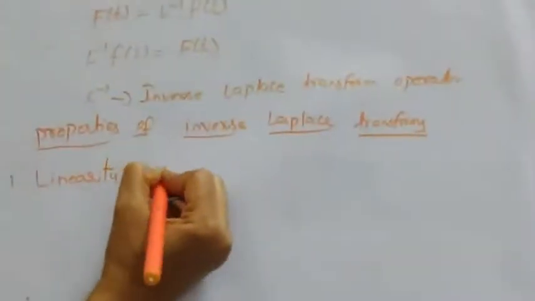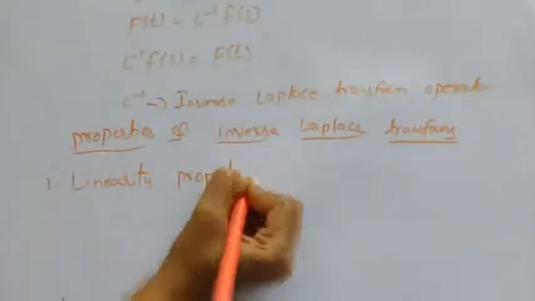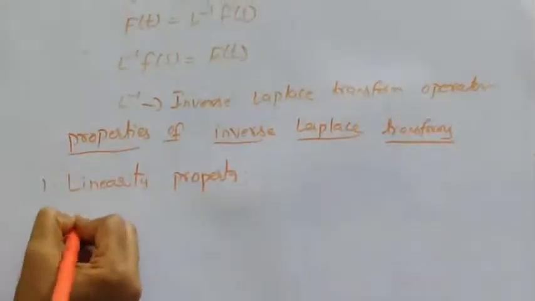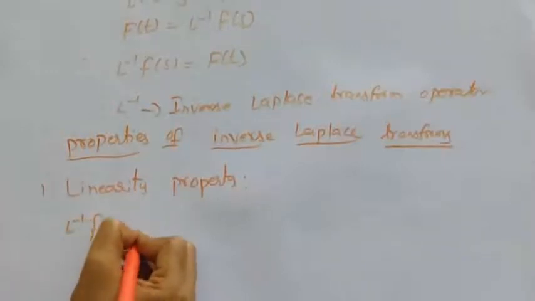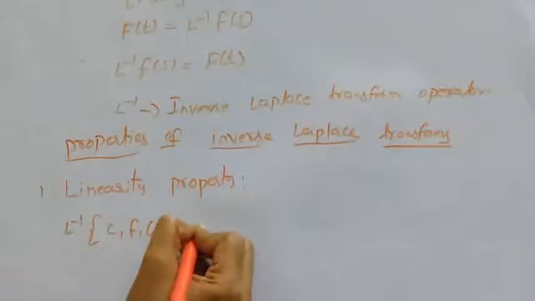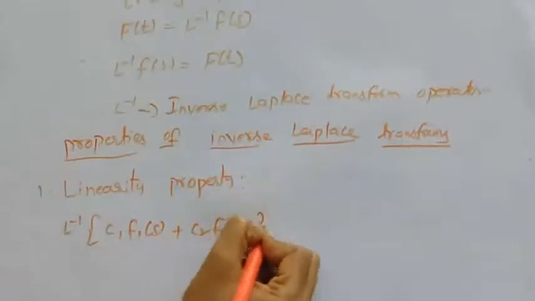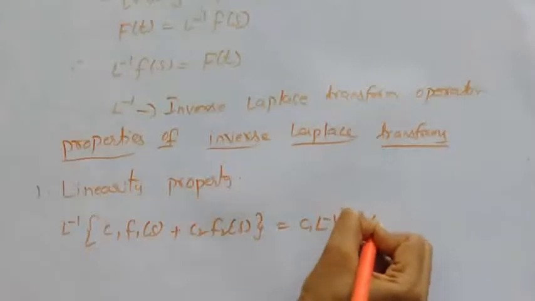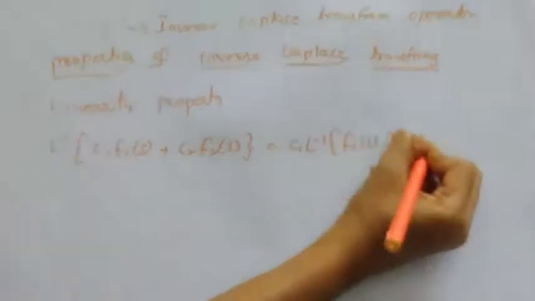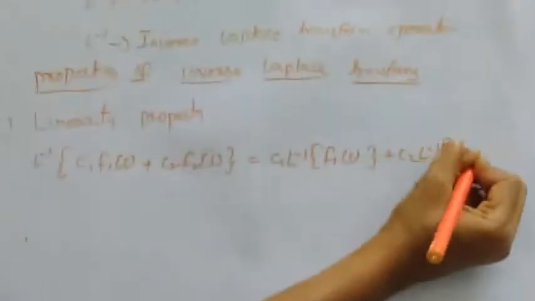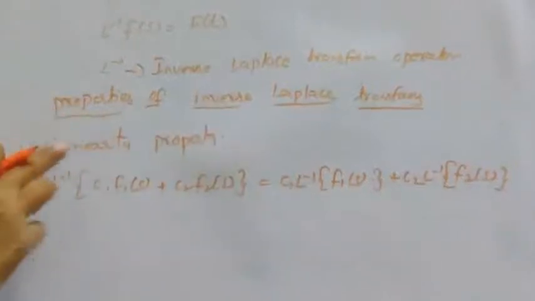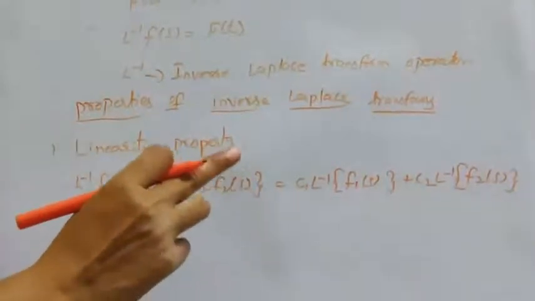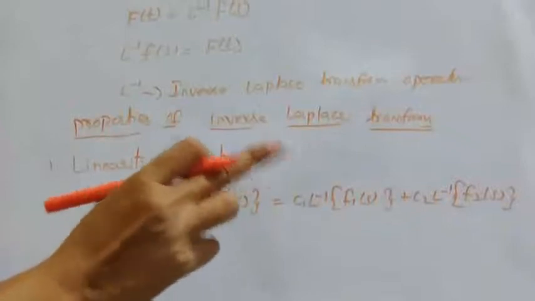In the linearity property, we have to prove that L inverse of C1 F1 of s plus C2 F2 of s is equal to C1 L inverse of F1 of s plus C2 L inverse of F2 of s.